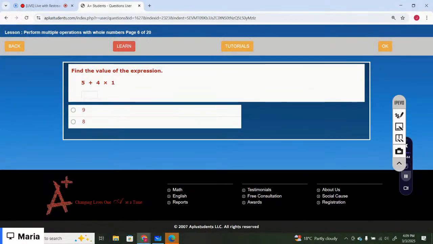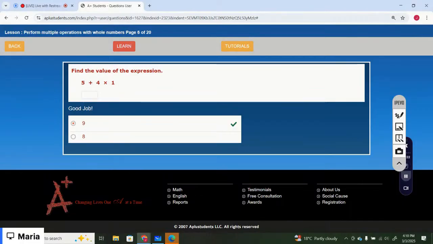Find the value of the expression. 4 times 4, you need to add 5. So 4 plus 5 makes 9. Option number 1 is the correct option. You have to do multiplication first, 4 times 1 is 4, and 4 plus 5 makes 9.